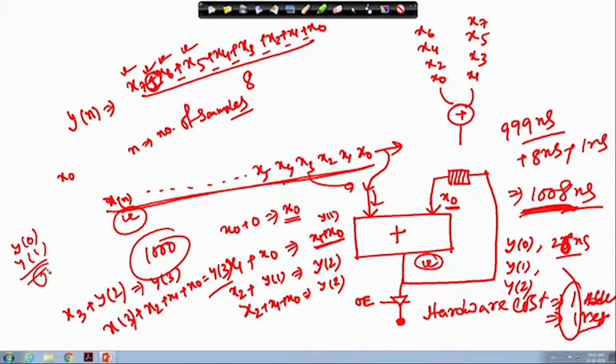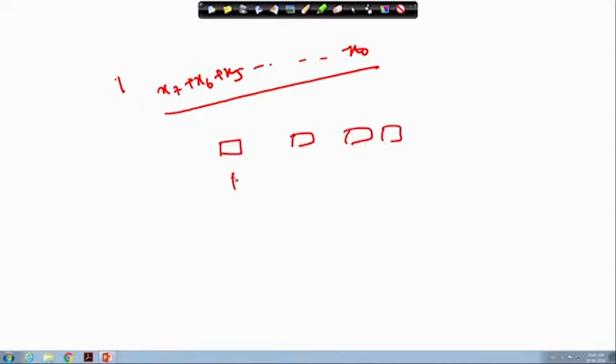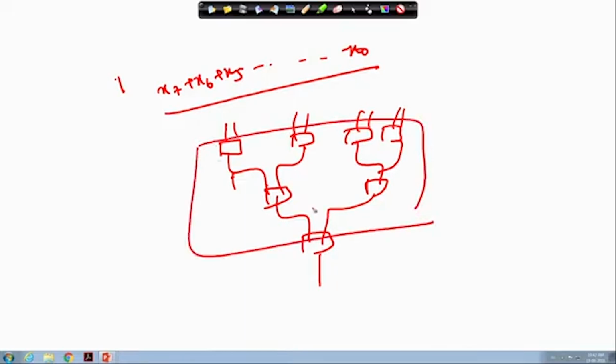Why more? Because in the parallel implementation case, in each of these blocks, I considered 5 earlier, but here I have considered 8, so that was the problem.